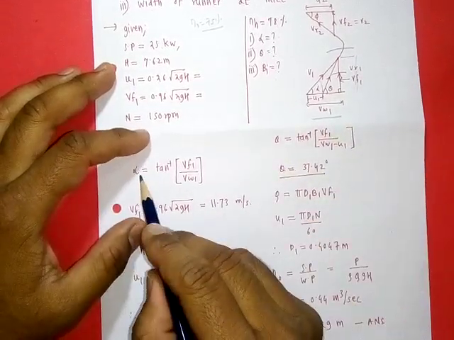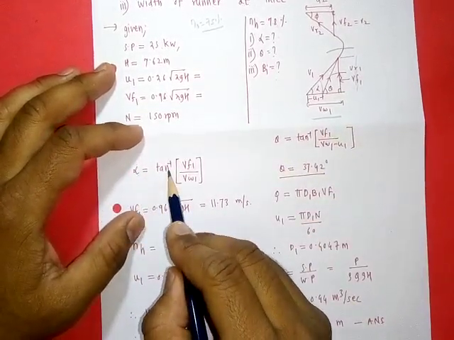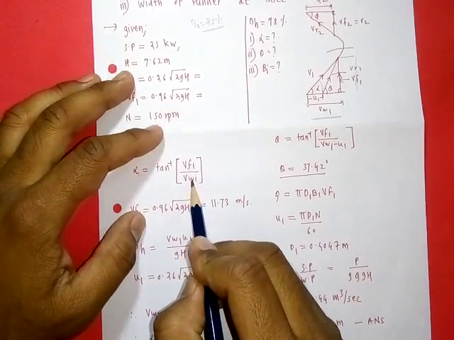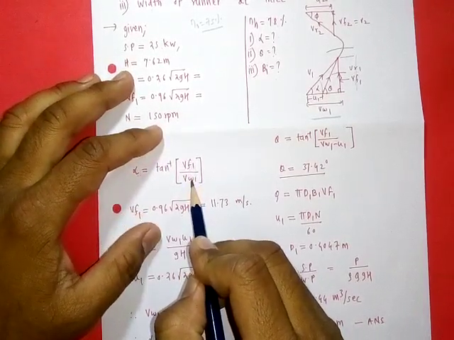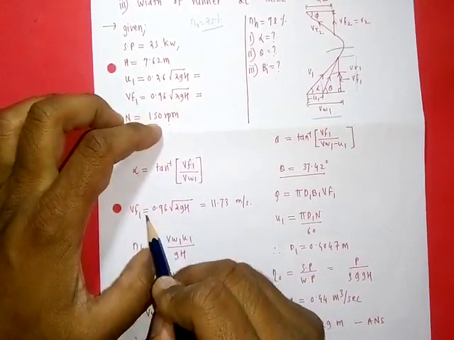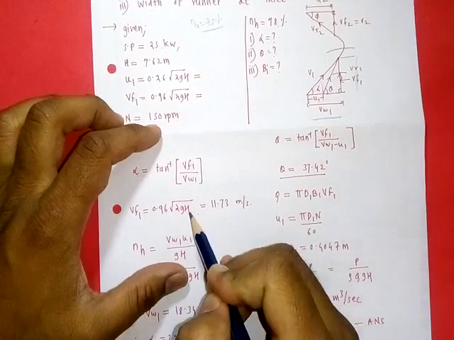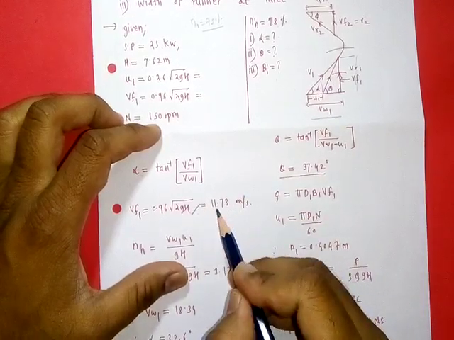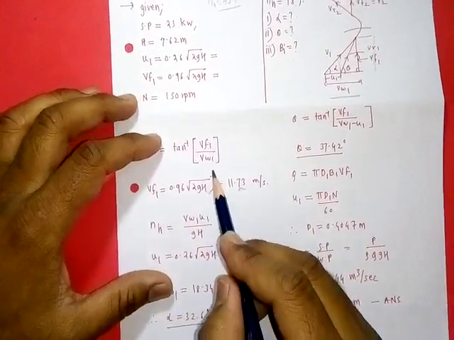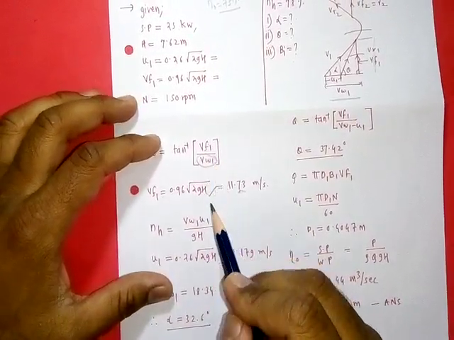So alpha is equal to tan inverse of the opposite side vf1 upon the adjacent side vw1. For vf1 the relation is given, and h is given directly, so we can calculate vf1 directly. Then for vw1, here vw1 is not given.